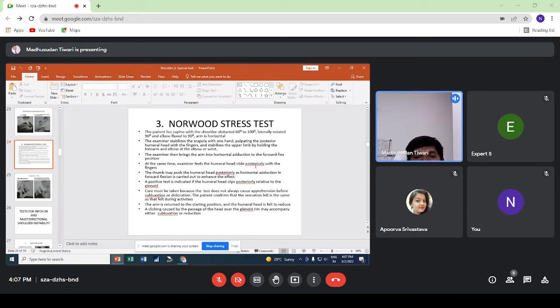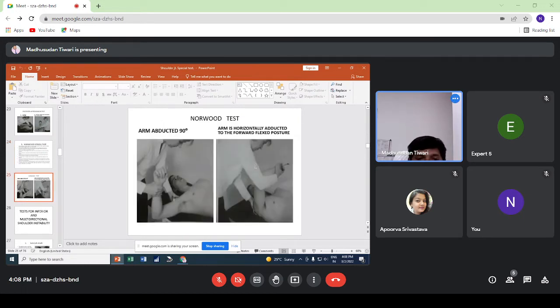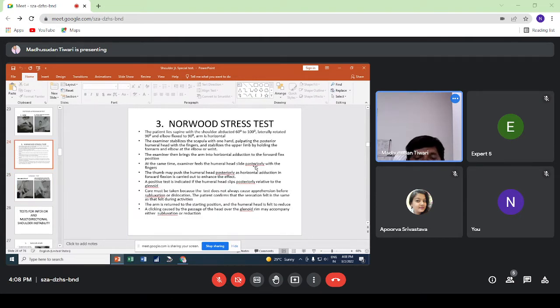The examiner stabilizes the scapula with one hand while palpating the posterior humeral head with the fingers, and stabilizes the upper limb by holding the forearm at the elbow or wrist. At the same time, the examiner feels the humeral head slide posteriorly with the finger.